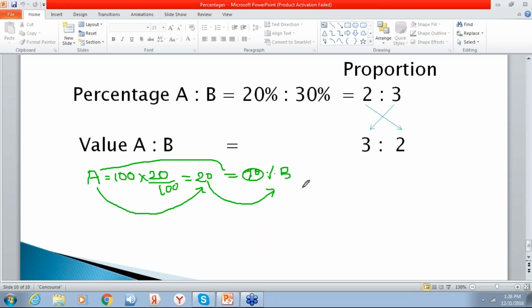Then what is the value of B? 20 by 10 into 100, which is 20 into 10, gives you 200. Here A's value is 100 and B's value is 200.